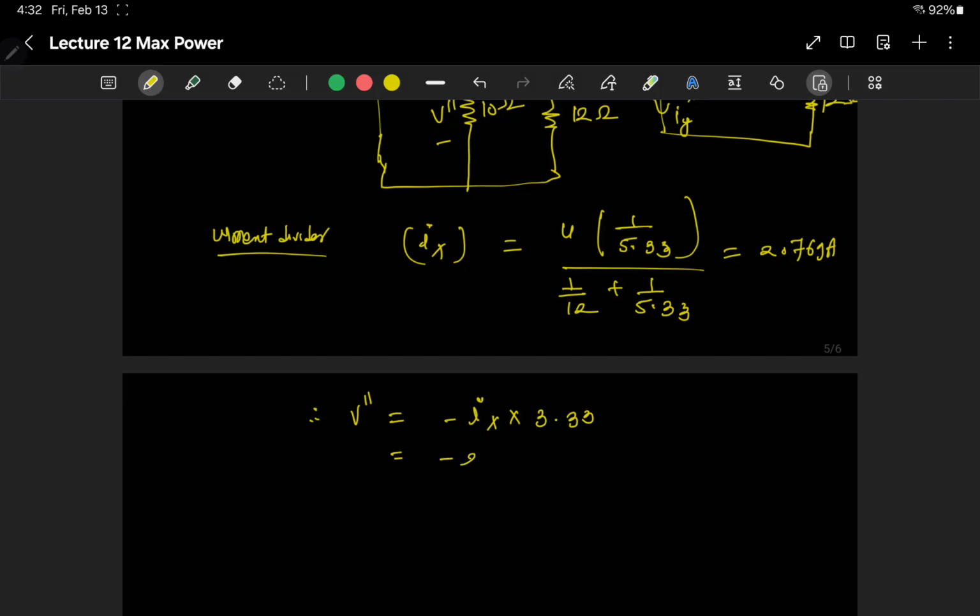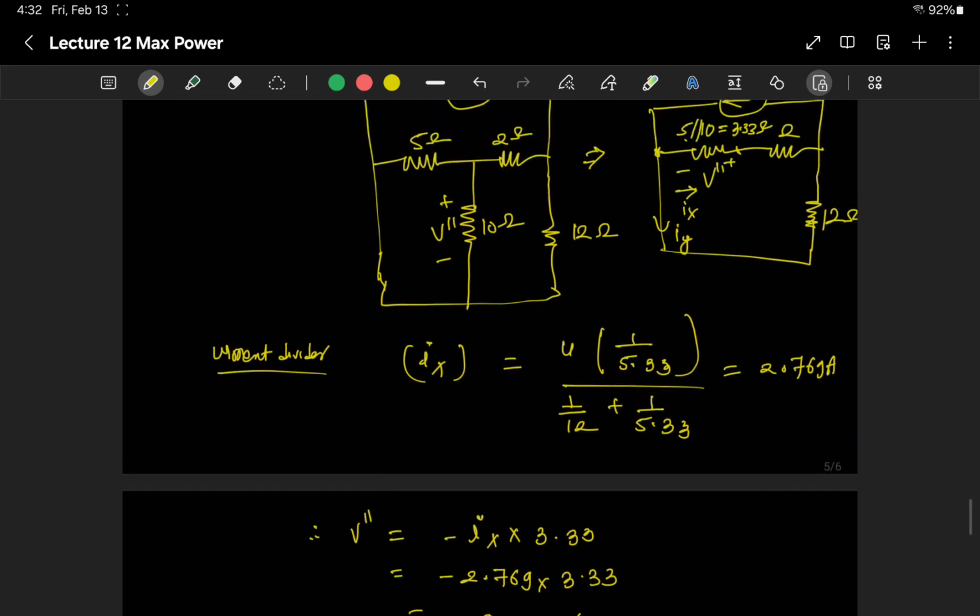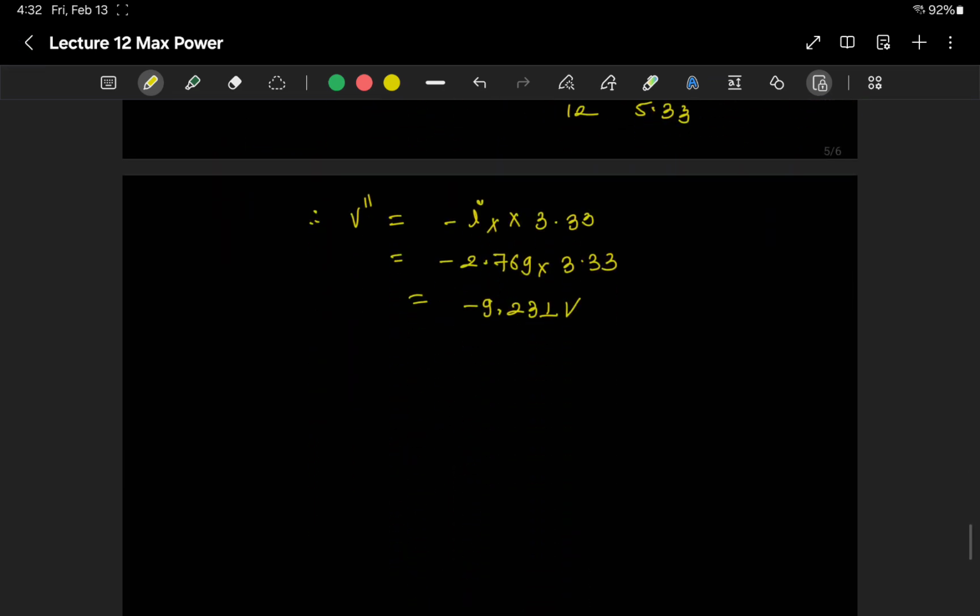So that is minus 2.769 times 3.33, which will give me minus 9.231 volts.